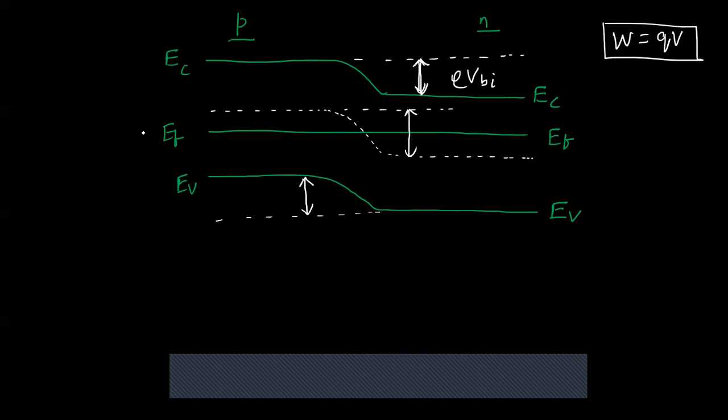So we have this as our EFI, before the dopant atoms were added. Now here we can simply say these white portions shown over here are actually the same value, which is EVBI, we said.